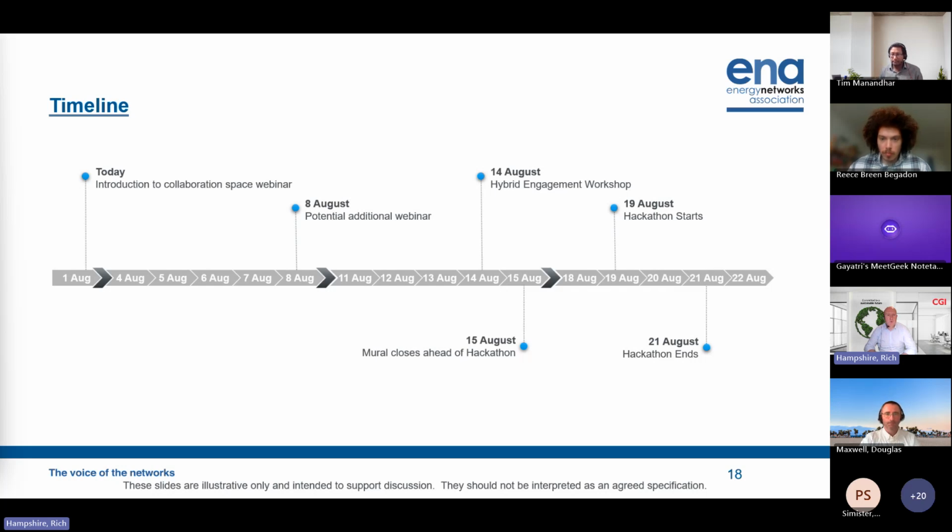Then on the 21st of August, we'd like to bring people back together to share the lessons and their thinking on what's been produced, and to provide input to future stages of this work as flexibility interoperability for dispatch moves forward, but also potentially lessons that may be of value to the wider flexibility program. So that pretty much covers the view of the next 3 weeks. Rhys, please, if you've got something to add.